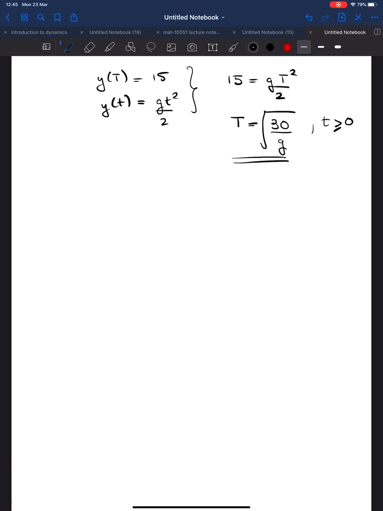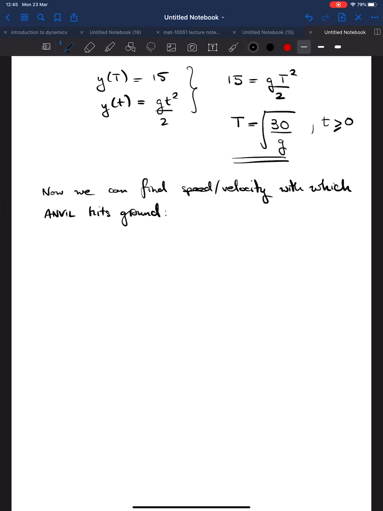Now with this in hand, we can find the speed or velocity, which in our case is also the velocity with which the anvil hits the ground. And this is what we get. So recall, Vy of t is gt.